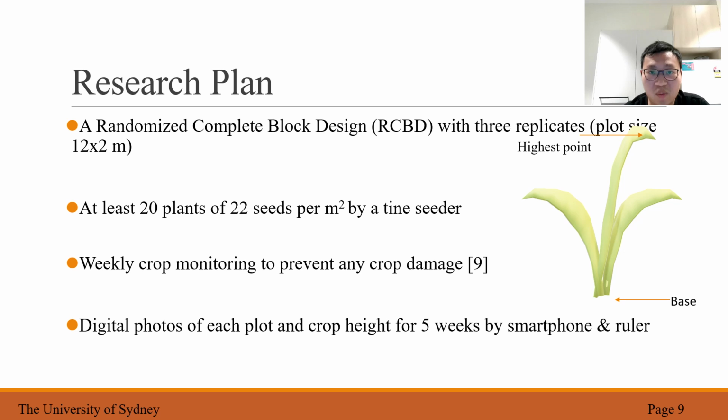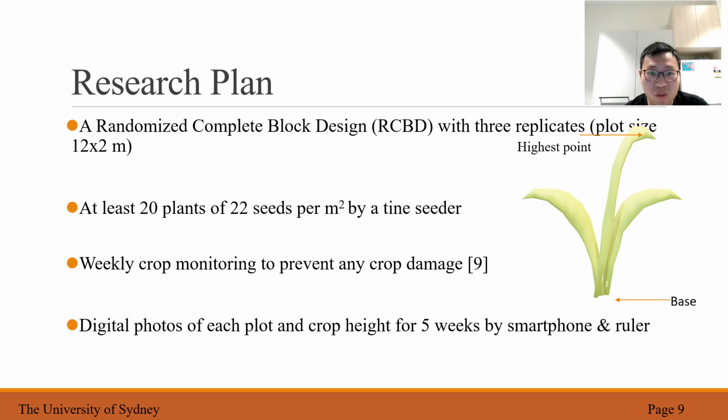The experiment will be conducted in a randomized complete block design with 3 replicates, and the plot size is 12 times 2 meters. 22 seeds per square meter will be planted with a tin seeder with a target of at least 20 plants established.